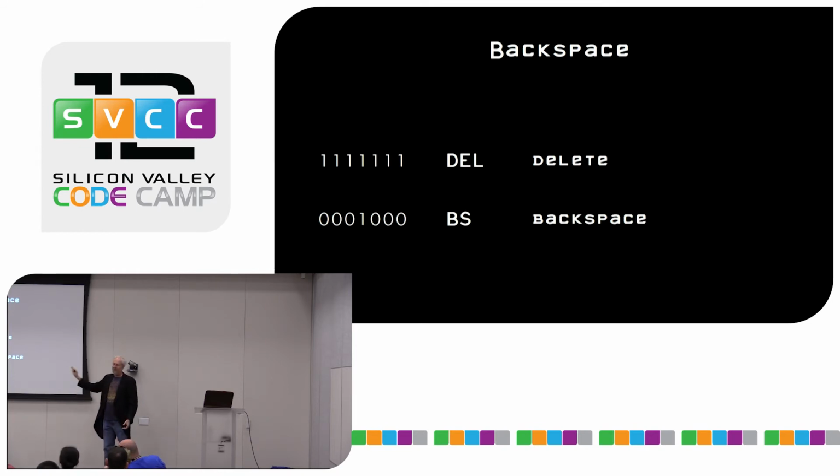This was just move the print head. Later, these keys were both left on keyboards, and people tried to figure out, well, we should do something useful with them. And so we now have backspace, delete the previous character, and delete sometimes is delete the next character. That was never ASCII's intention. That's something that was discovered later.